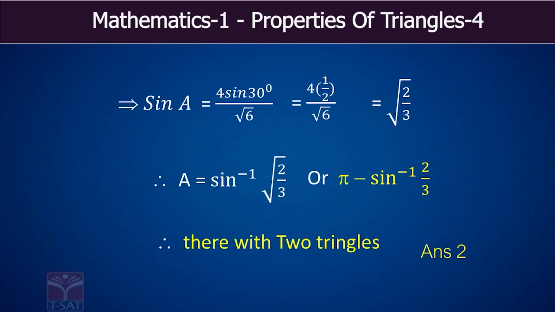That is, sin A = 4 sin 30/root 6, which is 4 into 1/2 by root 6, which is the square root of 2/3. Now A is sin⁻¹ of that or pi minus sin⁻¹ of that, so there will be 2 results. So the number of triangles will be 2: one with angle sin⁻¹ and the other with angle pi minus sin⁻¹.